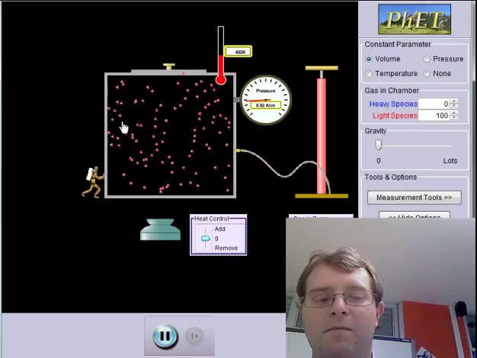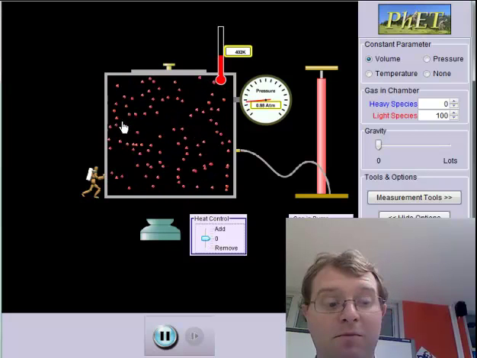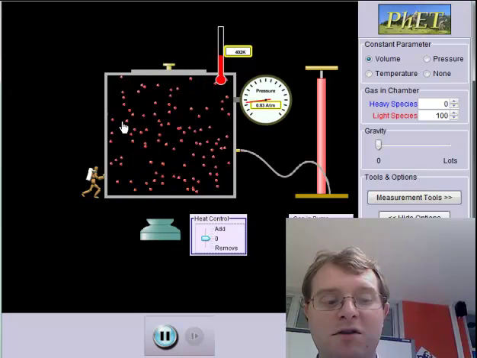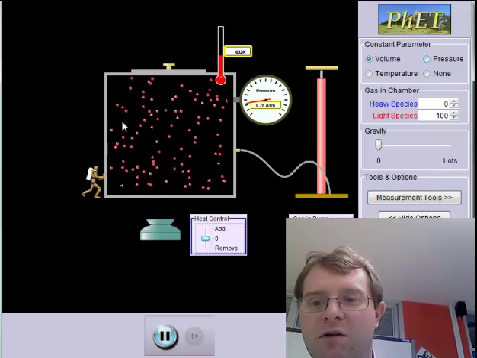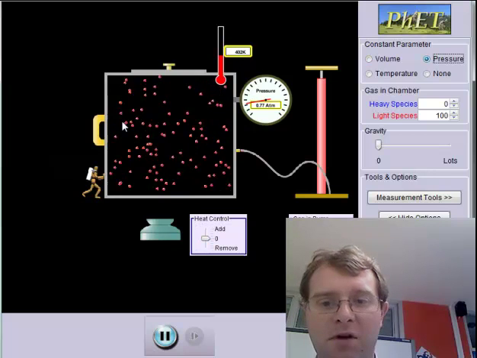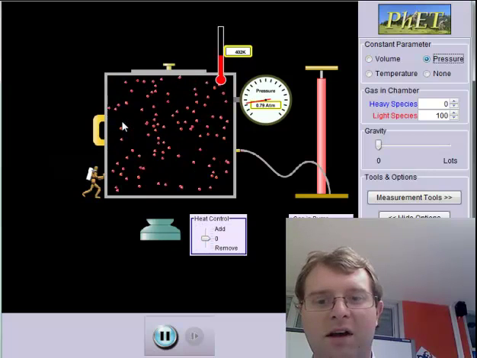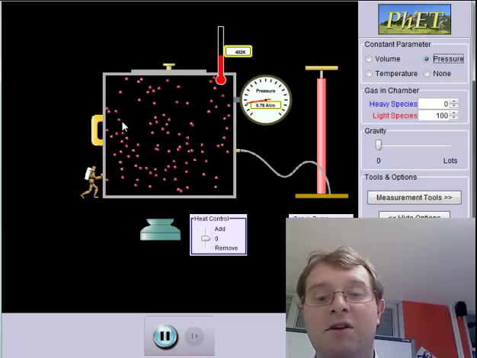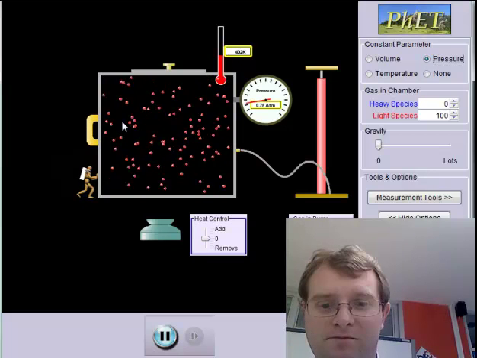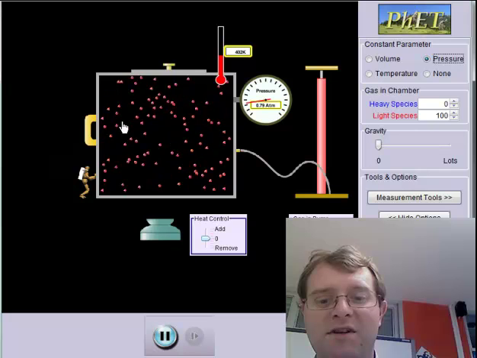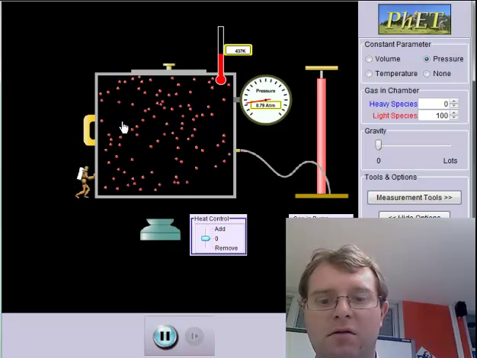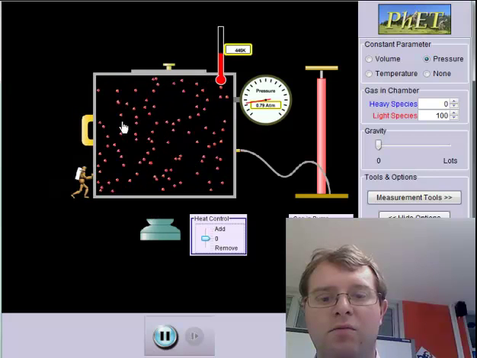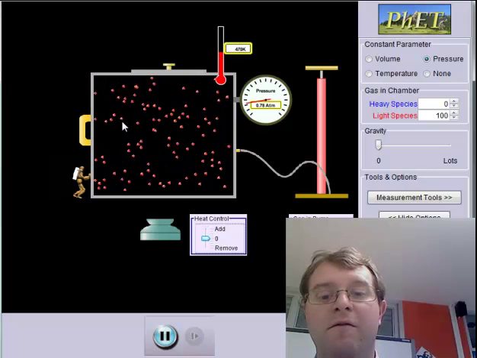Okay. Third and final example, we're going to think about Charles's law, which has the relationship between volume and temperature. So I'm going to keep pressure fixed this time. Charles's law looks at the relationship between volume and temperature. As I increase the temperature, we will see the volume expand.